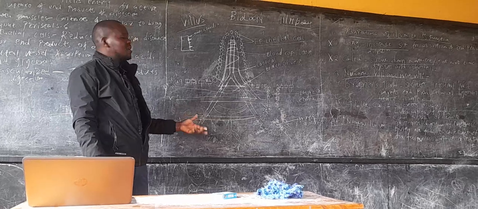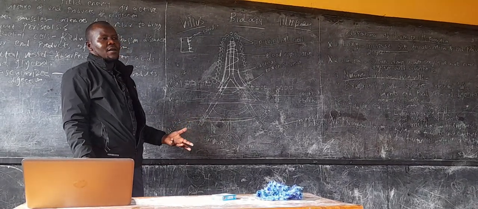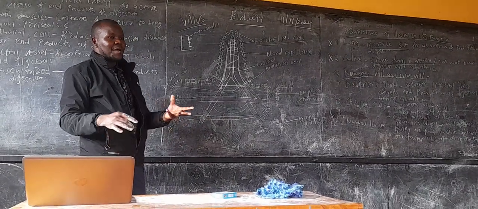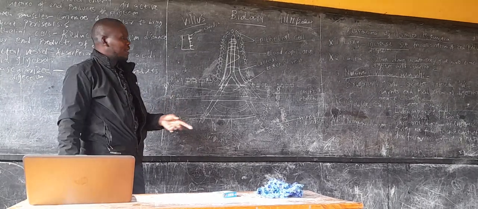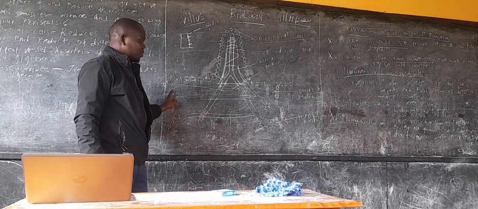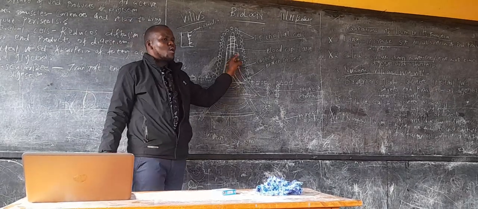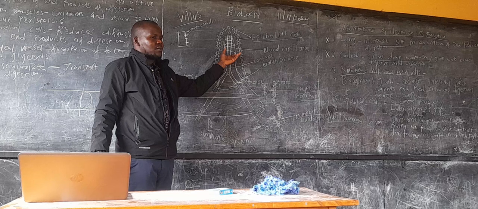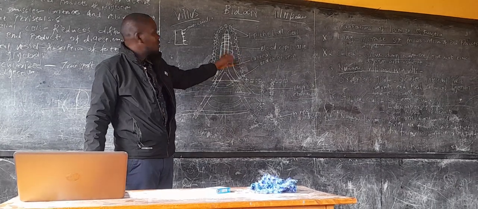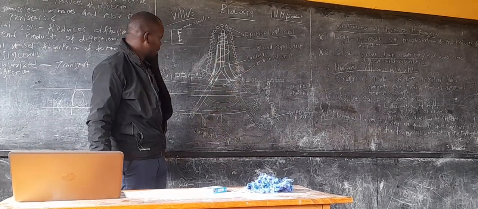The blood capillaries run from arteries and veins, what we call vascularization. When we speak about vascularization, we have arteries, veins and blood capillaries. So this one is the artery, this one is the vein. When they branch, they form blood capillaries, which will be inside that section.